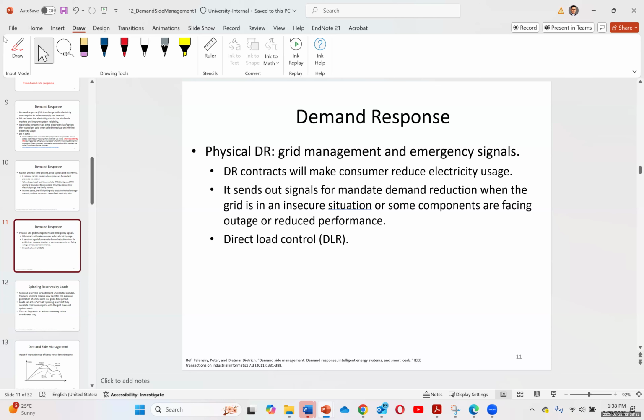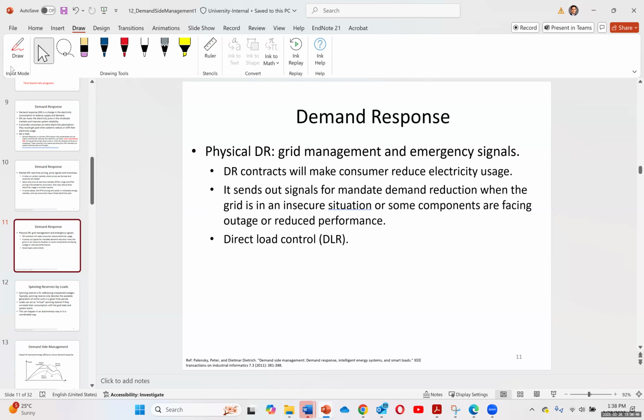So we have the physical demand response. It's the grid management and emergency signals. The DR contracts will make consumers reduce electricity usage. It sends out signals for mandated demand reduction when the grid is in an insecure situation or some components are facing outage or reduced performance.